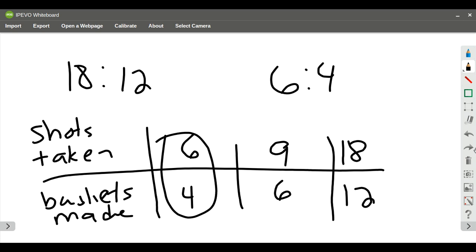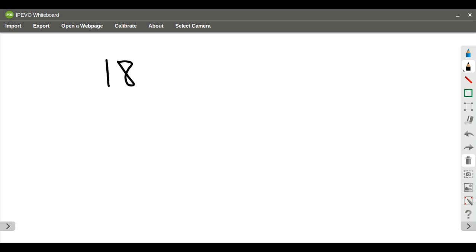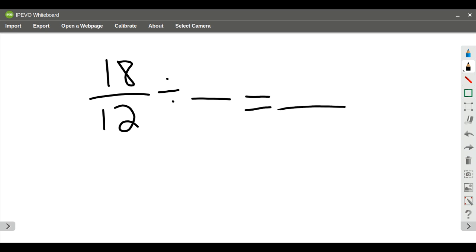The other way that I can show this is by taking 18 to 12, and then dividing by the same factor to figure out if she takes 6 shots, how many shots is she going to make? Well, 18 divided by 3 is 6. 12 divided by 3 is going to be 4. So the ratio is going to be 6 shots, and she's likely to make 4 of those shots.